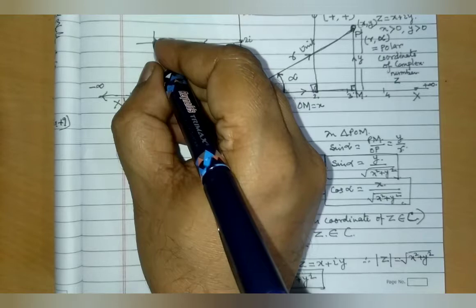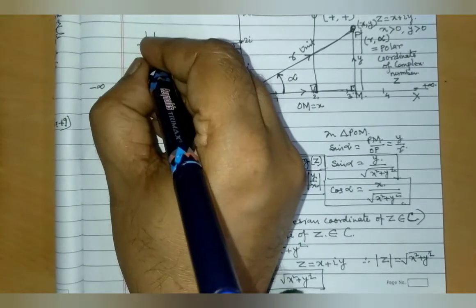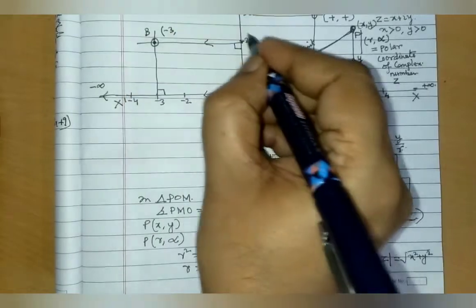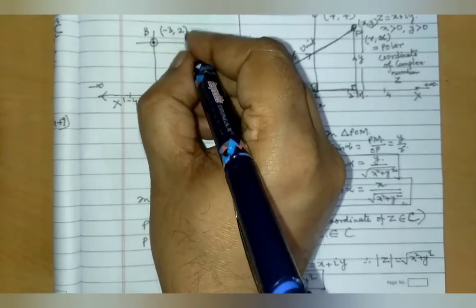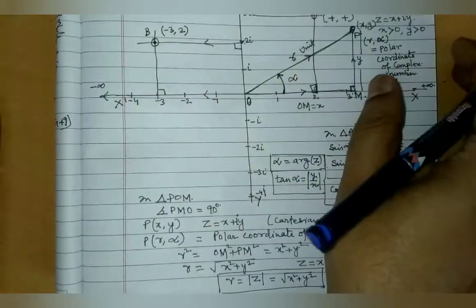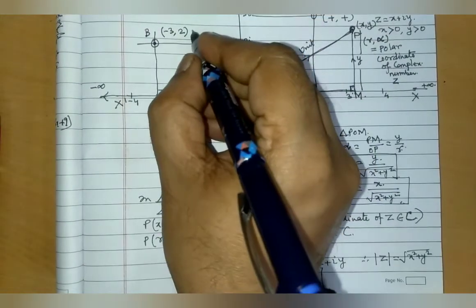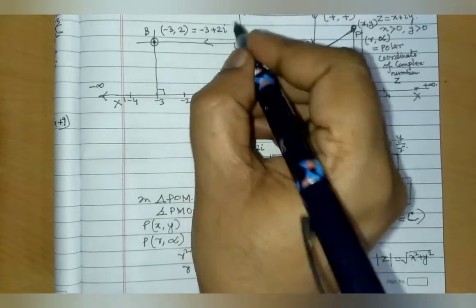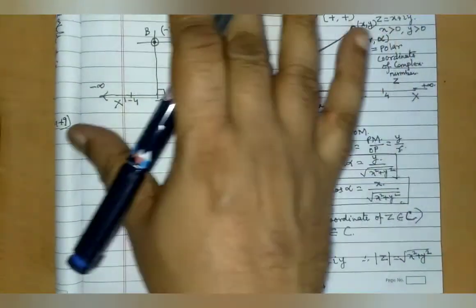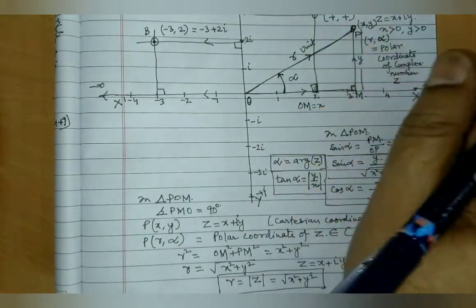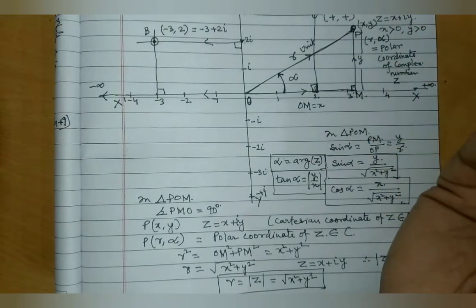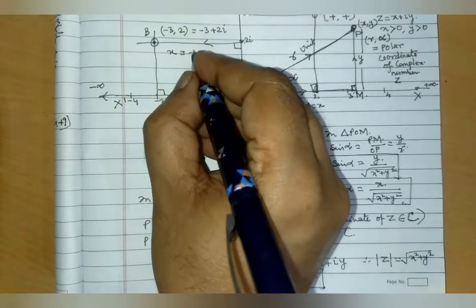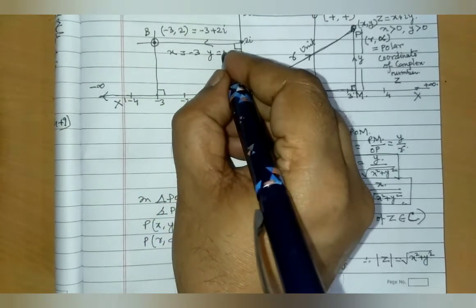We are getting, suppose, a point B. Now its coordinate is (-3, 2) because a complex number is an ordered pair of two numbers. Now this represents a complex number -3 plus 2i. This is the representation of a complex number, and this plane is called the Argand plane or Gaussian plane or complex plane. So now here what we see, x is equal to -3 and y is equal to 2.